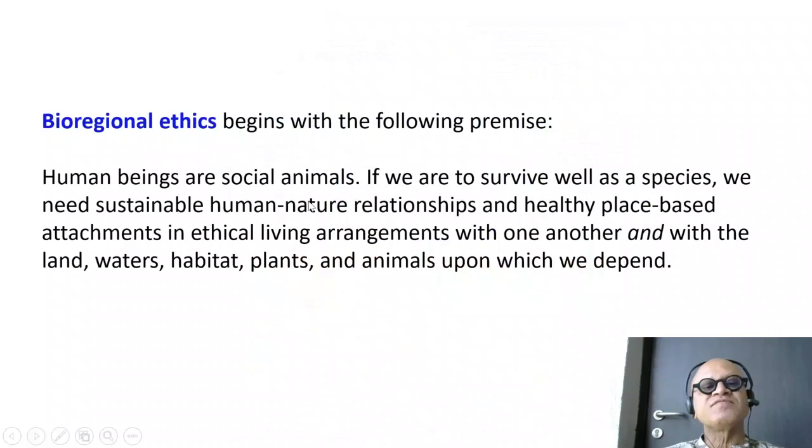So there is the concept of bioregional ethics as well, which begins with the following premise: that human beings are social animals. Obviously, we have what is called genetic cultural evolution. If we are to survive well as a species, we need sustainable human-nature relationships and healthy place-based attachments in ethical living arrangements with one another and with the land, waters, habitat, plants and animals upon which we depend.